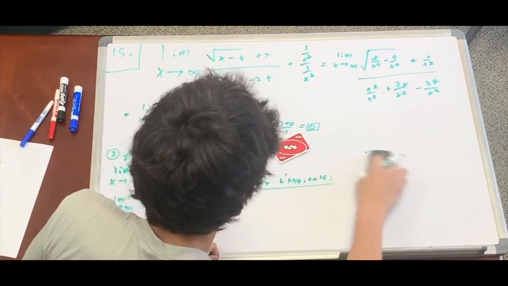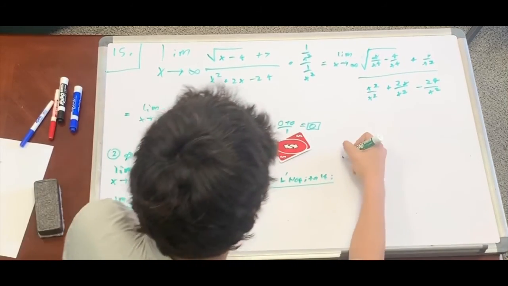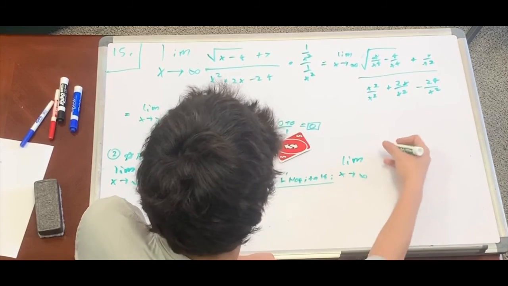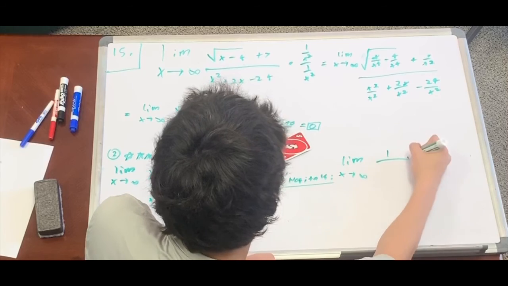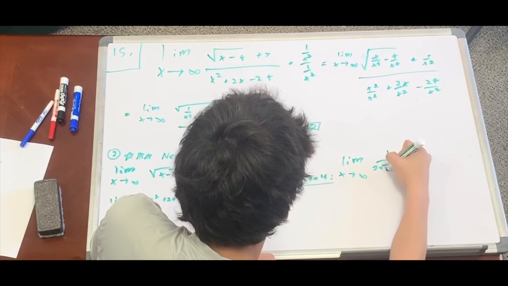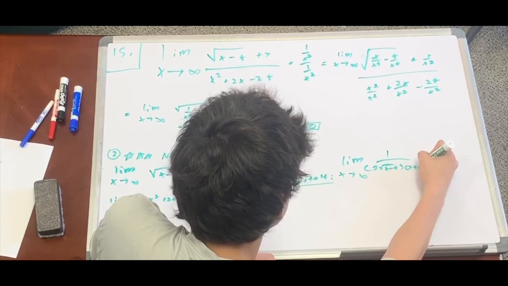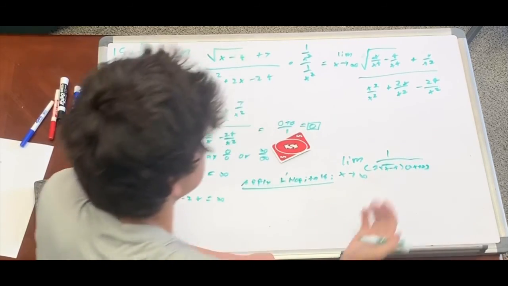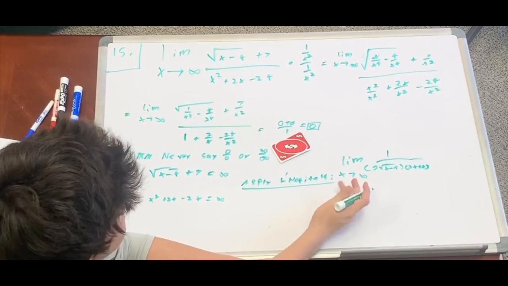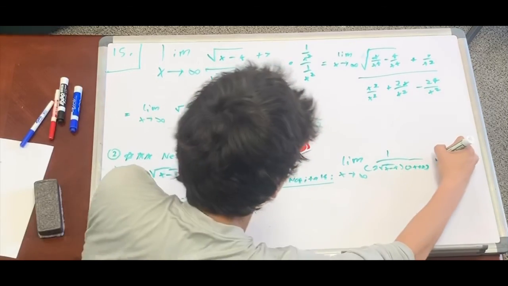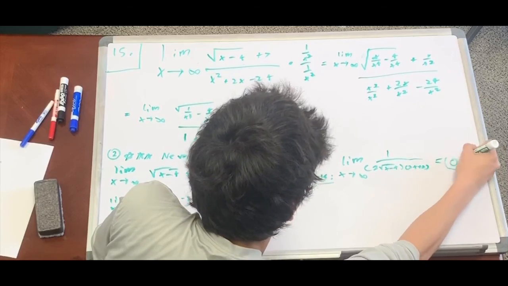So here it would actually be the limit as x approaches infinity of 1 over 2 root x minus 4 times 2x plus 2. And then since these are all x values and they're in the denominator, it'll go to 0, so then the limit equals 0. So we got the same thing from two different approaches.